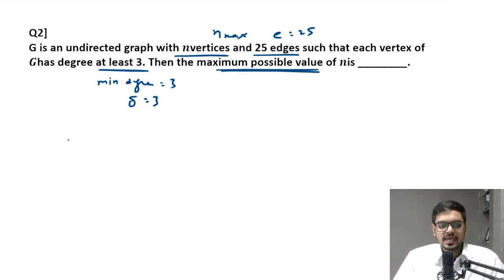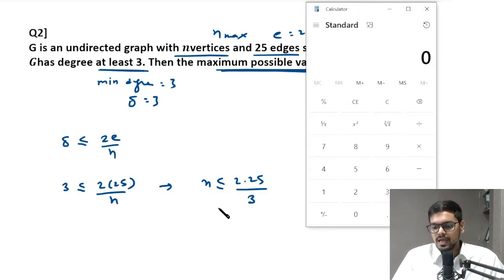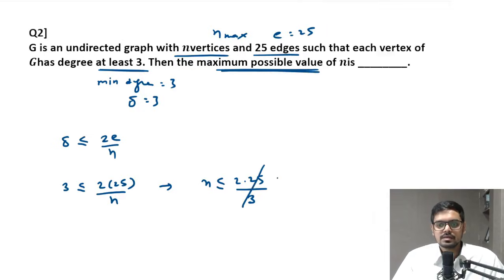So as per the delta theorem, the small delta is less than or equal to 2e by n. Now this is 3, e was given as 25, so rearranging, n is less than or equal to 2 into 25 divided by 3. Here it won't be a proper answer, so we have to use the calculator. 50 divided by 3 is 16.66, so 16.67. So n is less than or equal to 16.67.